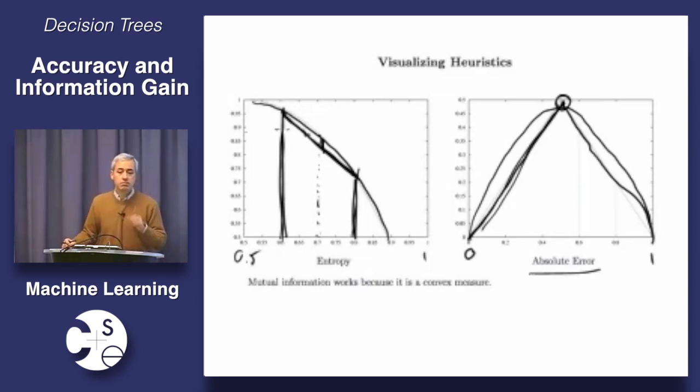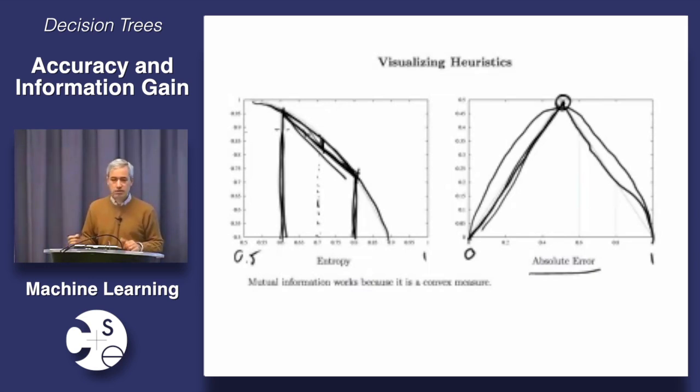But here's the key point: irrespective of where that split actually happens, this line is always below this line. The line of the entropy is always above the line of the average of the entropies. The technical term for this is that the entropy is a concave function. And conversely, the information gain is a convex function. Sometimes people abuse the terms and just call concave and convex convex. But that's the key, that the line is always below the curve.